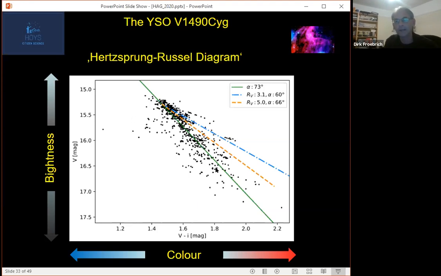The green line is basically how the data behaves. That is what we have fitted to the data. If you have normal dust grains, like in those interstellar clouds, the star should follow either the blue or the orange line, or somewhere in between. That is the normal dust grains we have in interstellar space, but it doesn't do that. It does have a steeper behavior in this diagram, which basically means the dust grains have started to grow.